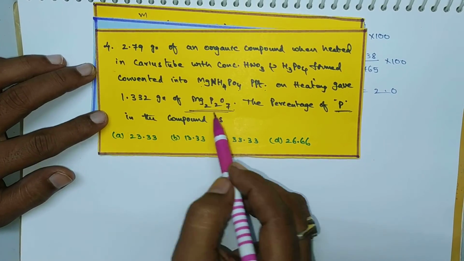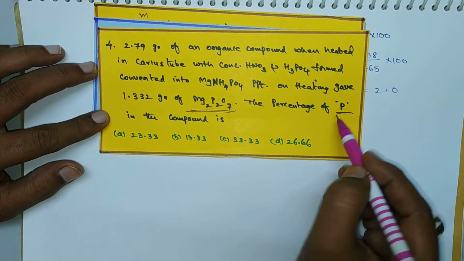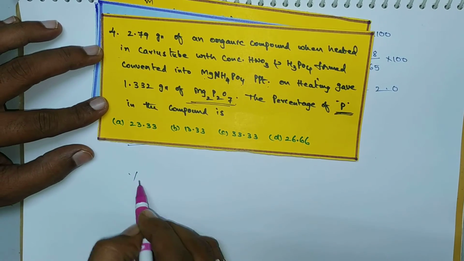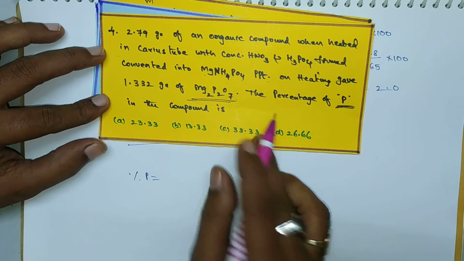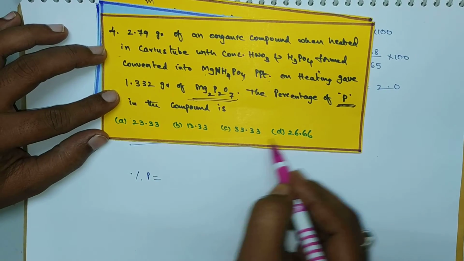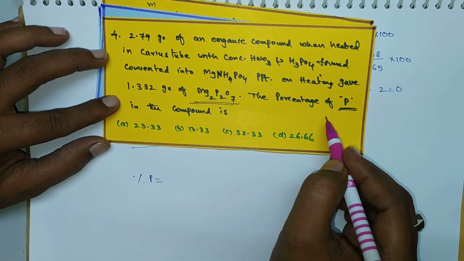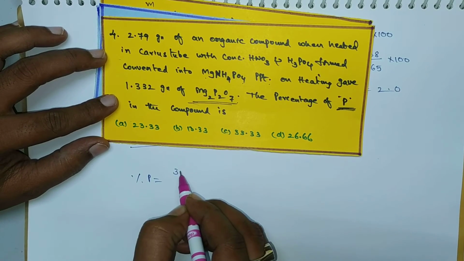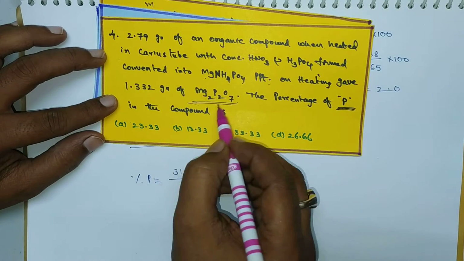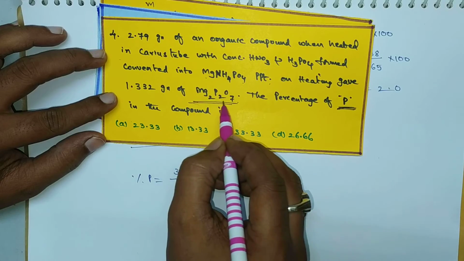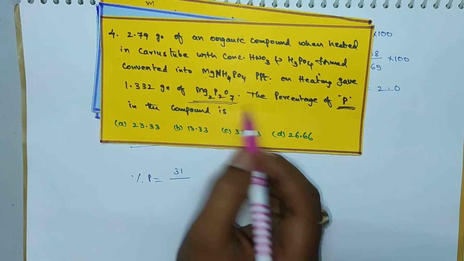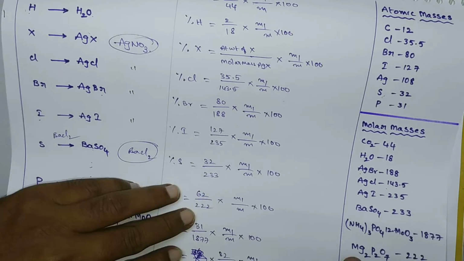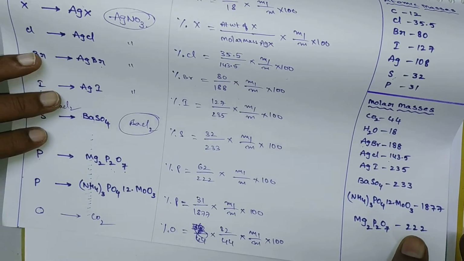So what is our trick here? We have to calculate the percentage of phosphorus. The percentage of phosphorus is equal to the atomic weight of phosphorus, 31, divided by the molar mass of Mg2P2O7, that is magnesium pyrophosphate, which is 222. It is easy to remember.